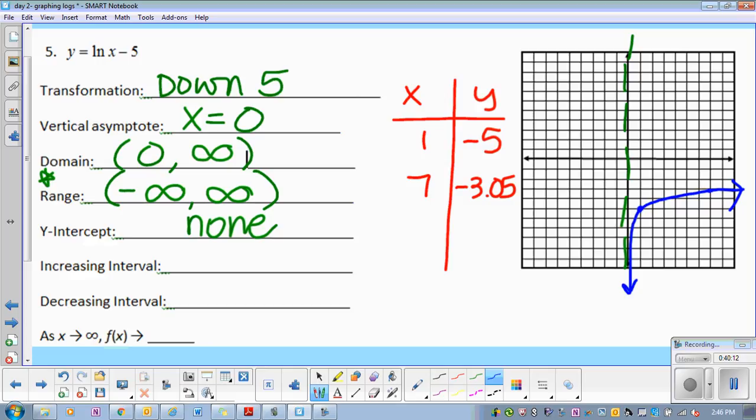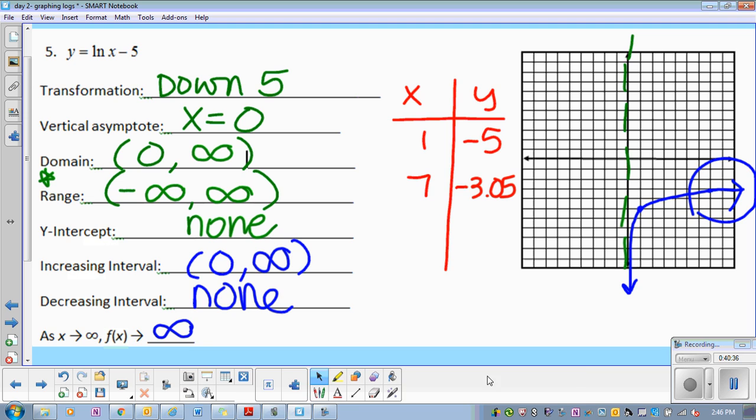Now this whole entire graph from the left to the right is increasing, not decreasing. And since the whole thing is increasing, my right end behavior is going up eventually to infinity. Yeah? Great.